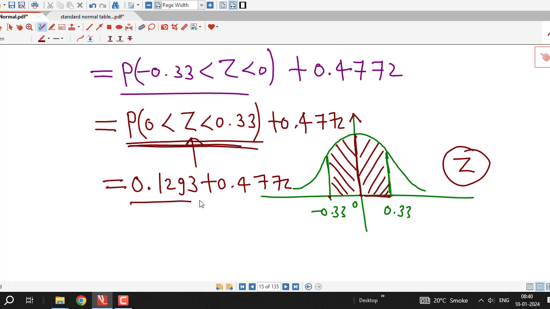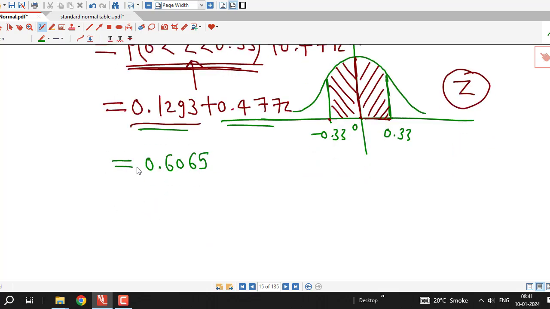So that is provided. If they don't provide it, then you have to write it using the standard normal table, but if it is provided, then that is reducing your work. This addition is 0.6065. So this is the probability that the lifetime of batteries is in between 385 and 490 hours, and we are asked to find the percentage.